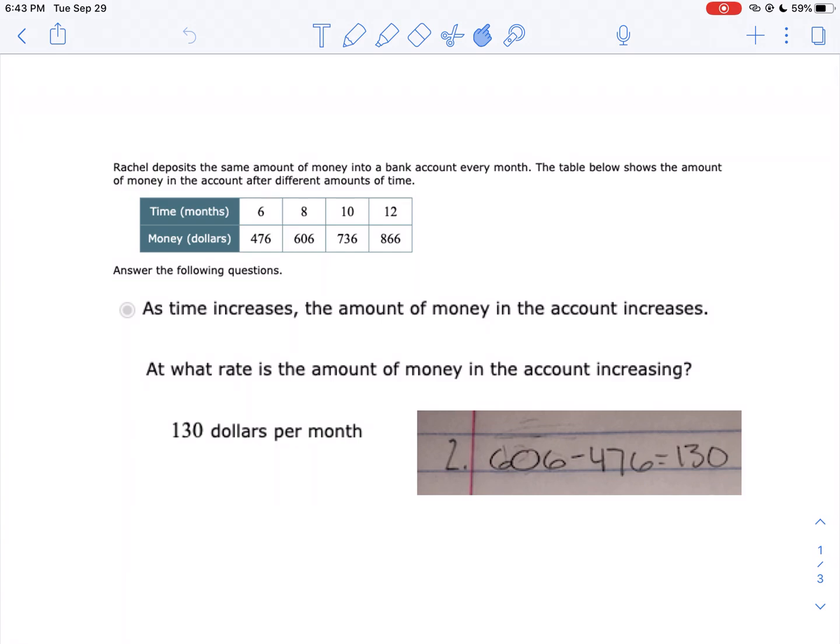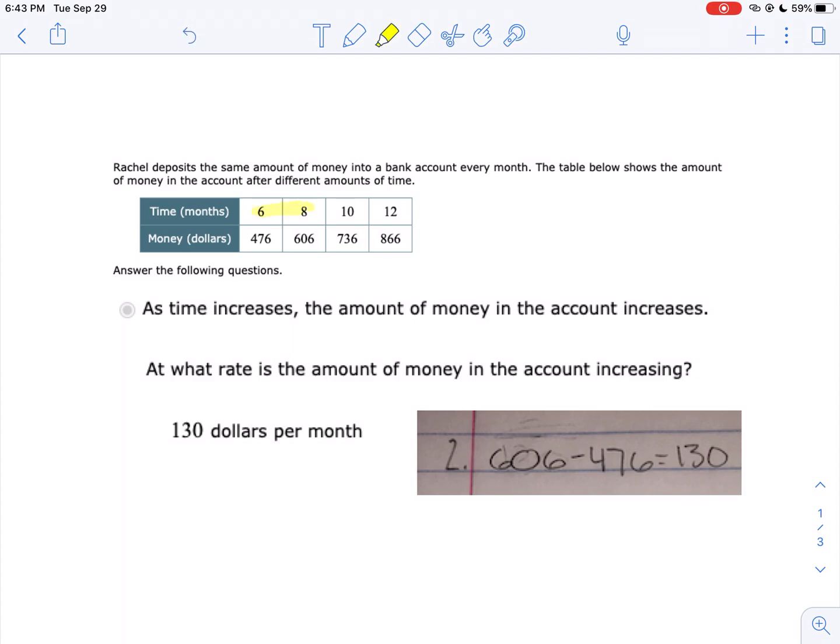For example, on this first question when you showed your work, which I really appreciate, you were correct for most of it. It is increasing, and if you take 606 minus 476, you get 130. That's correct. But notice that's not every month.